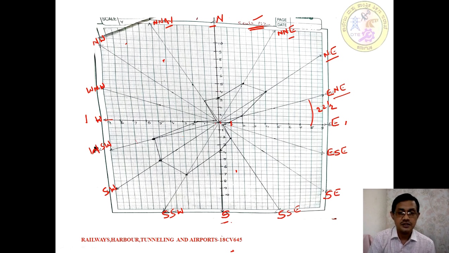Just look, this is the north direction, so at approximately 3.3, just mark a point over the direction. Similarly, for north northeast, according to the scale chosen, try to mark all 16 points on the graph sheet. After that, try to join all these points with straight lines. Then afterwards we get the resemblance of the Windrose like this.